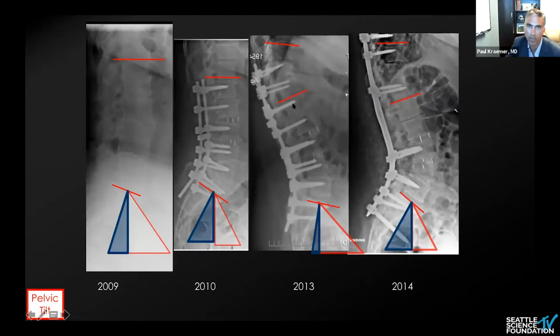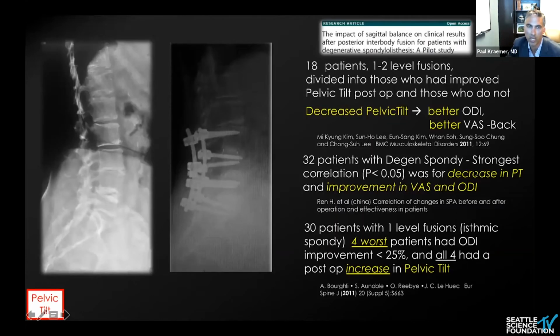She ends up moving to Florida, crapping out at the level above, having a big disc herniation, gets her fusion extended, has a non-union kyphosis here. And the lesson is, watch what happens to her pelvic tilt over time. And then ultimately I did a PSO on her and straightened her back out. So watch the triangles, which show you how pelvic tilt changes over time.